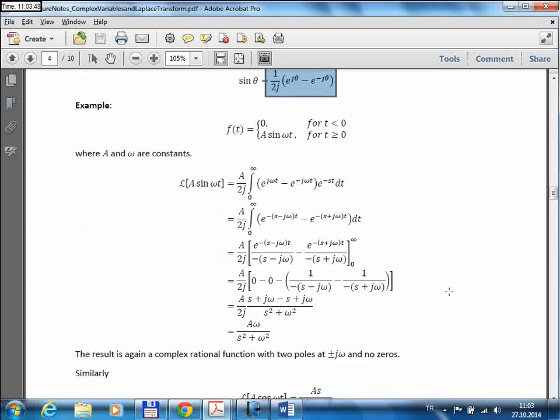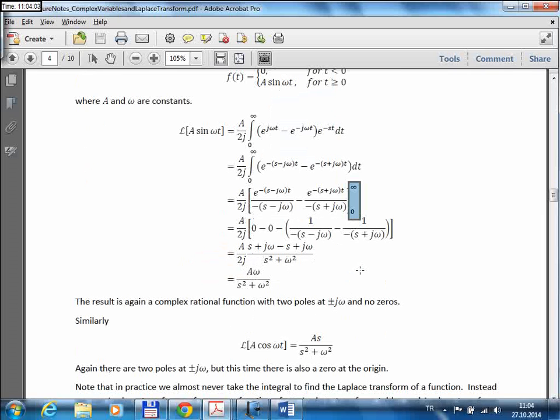It is already included here in the notes. It is very similar to the previous examples. You need to integrate this term and then this other term between these two limits again. And when you do everything, the imaginary terms somehow disappear, and you're left with this function. So the Laplace transform of this function is equal to this term.